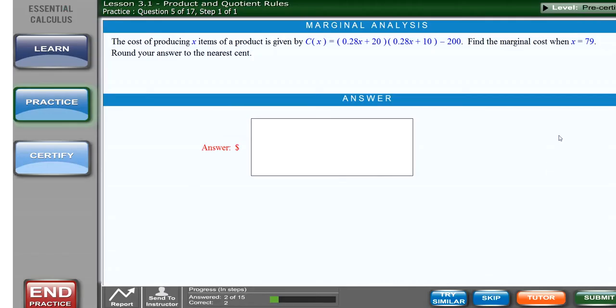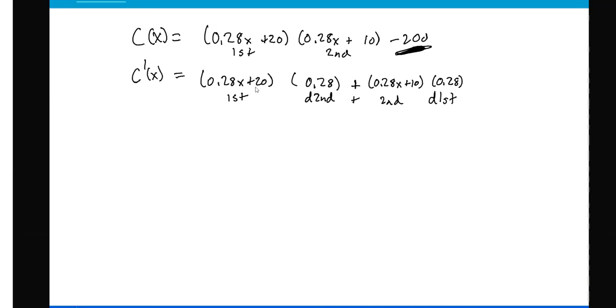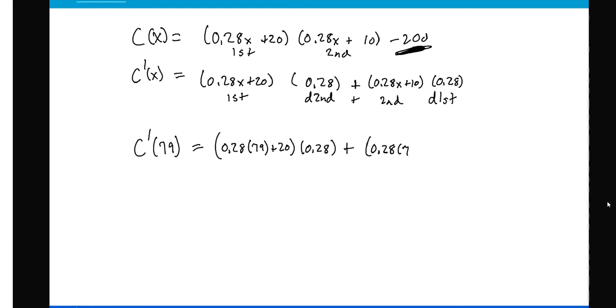So if I flip back over here, it said find the marginal cost when x is 79. So we're just plugging 79 in for x. So let's do that. C prime of 79. So 0.28 times 79 plus 20 times 0.28 plus 0.28 times 79 plus 10 times 0.28.